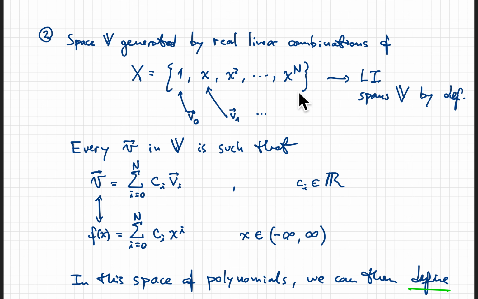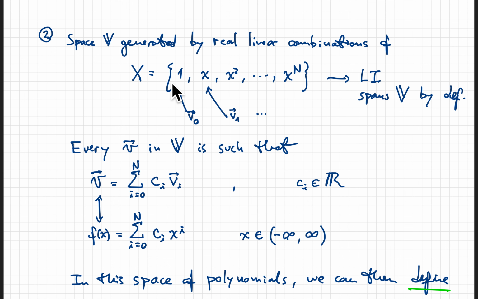We can see that these objects are all linearly independent. They span a vector space by definition, because any vector that is a linear combination of these functions is in our vector space.